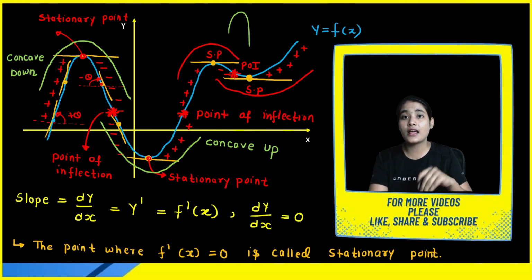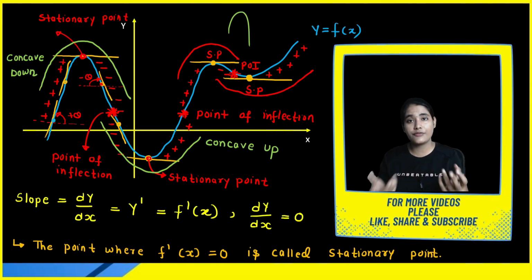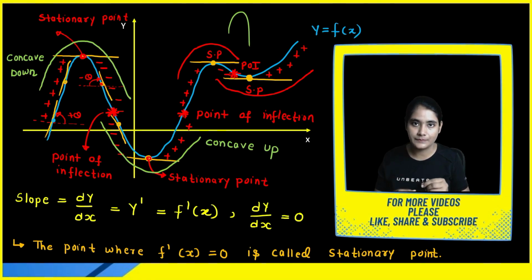But my dear student, there are infinite number of functions, and for infinite functions we have infinite graphical representations. For us it is not easy to remember the graphical representation of each and every function. So it is very necessary, if we want to find the point of inflection, to go with calculation rather than the graphical representation.